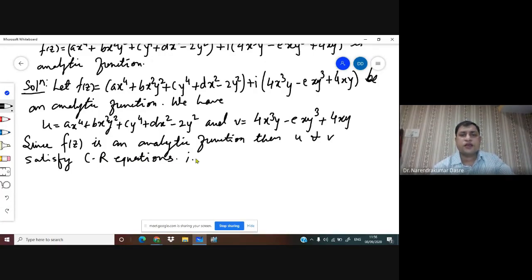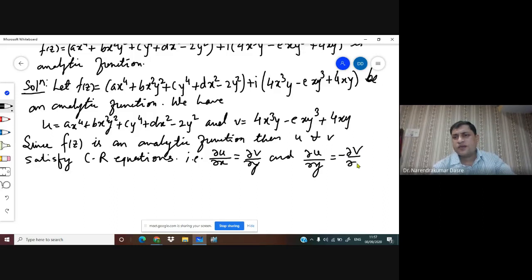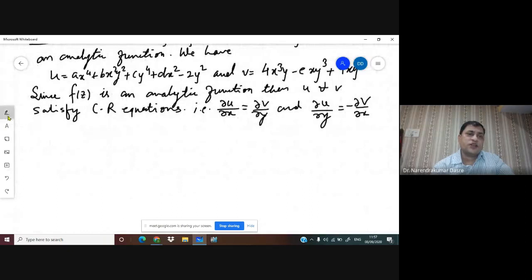That is, du by dx is equal to dv by dy, and du by dy is equal to minus dv by dx. These are the two equations which will be satisfied as f of z is going to be an analytic function. So we have to find the first order derivatives of u and v with respect to x and y. Let us find the derivatives with respect to x and y.